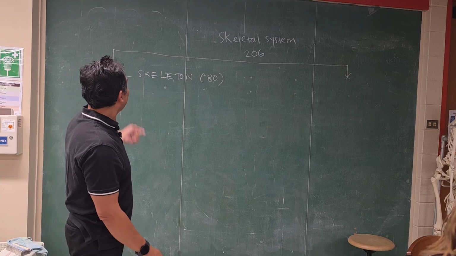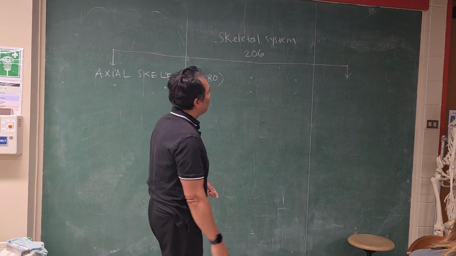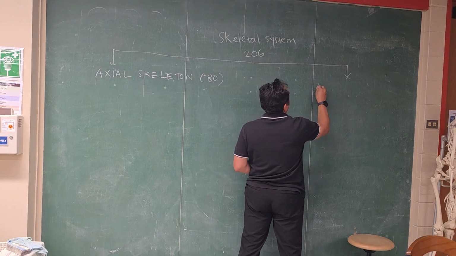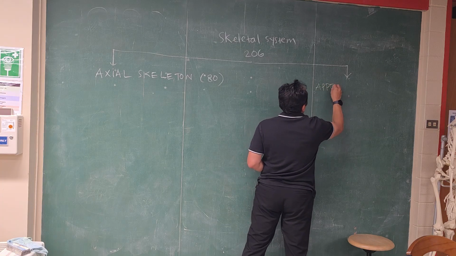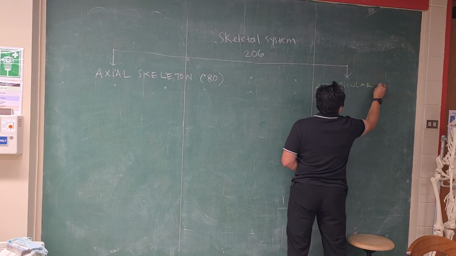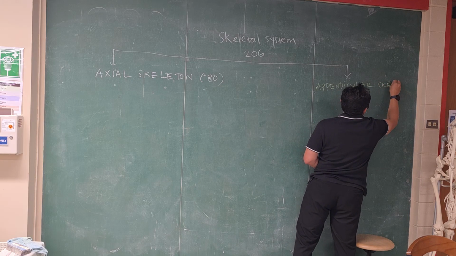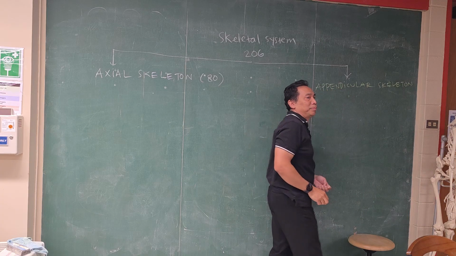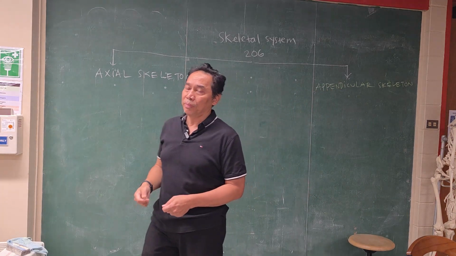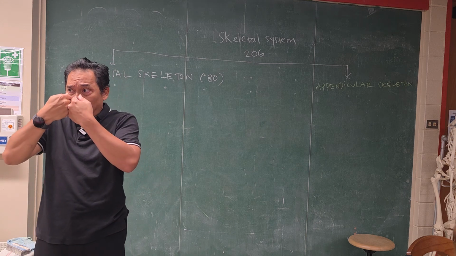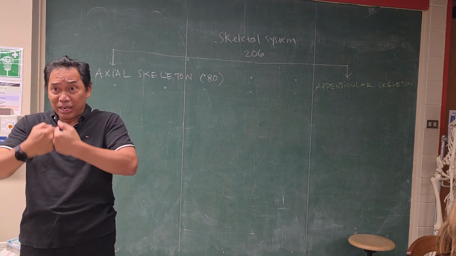Now, we start with this axial skeleton. There are 80 bones. The second type of skeleton is called the appendicular skeleton. Okay. Now, the name is telling you, axial skeleton means the bones located in the axis of your body, in the middle.